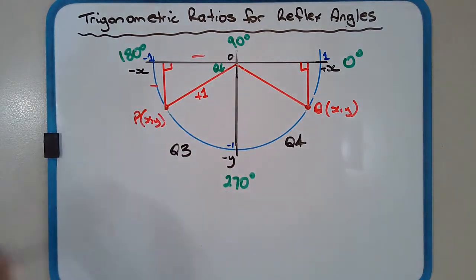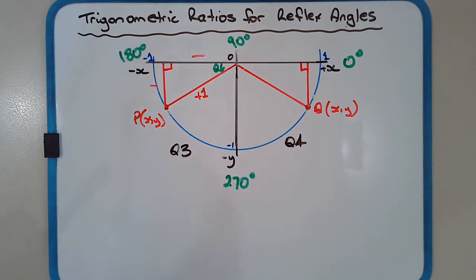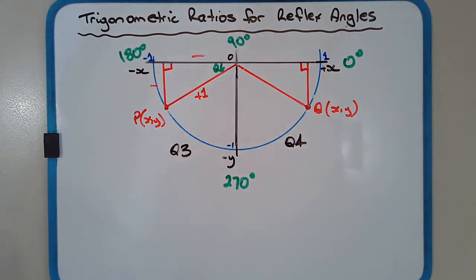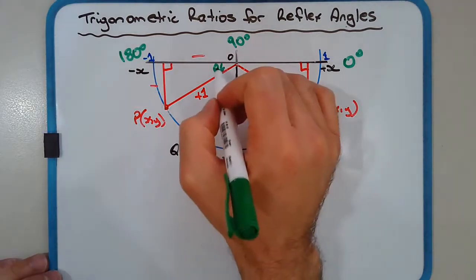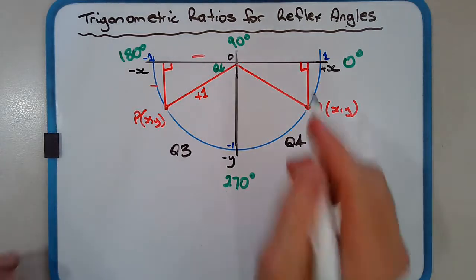Now, recall that when we measure an angle on a number plane, the angle is always measured from the positive x-axis. So if theta is the angle inside the triangle, the angle measured that we need to indicate is actually the angle measured from the positive x-axis.